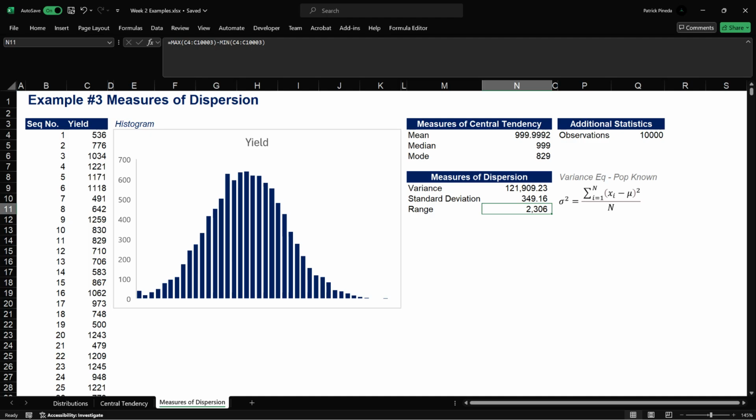So if you recall our discussion on distributions, the normal distribution has certain properties known as the empirical rule.